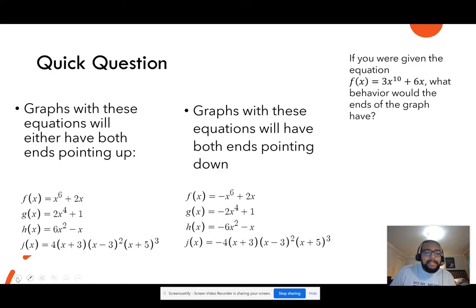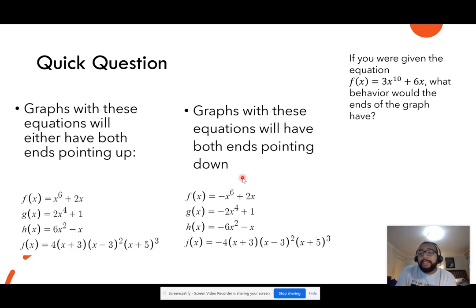So this is a really specific category. If my highest degree is even and my leading coefficient is positive, that means both of the ends will point up. If my highest degree is even and my leading coefficient is negative, both of the ends will be pointing down.